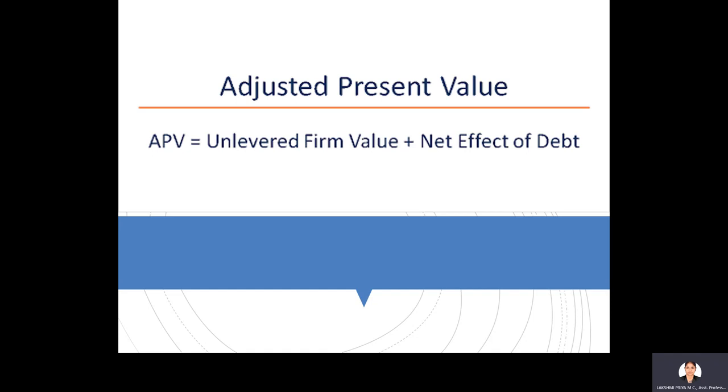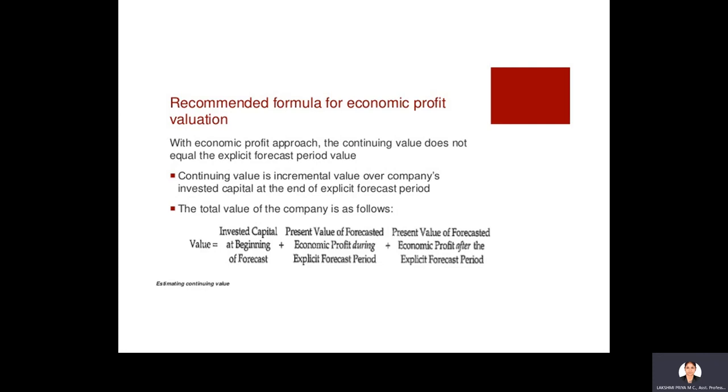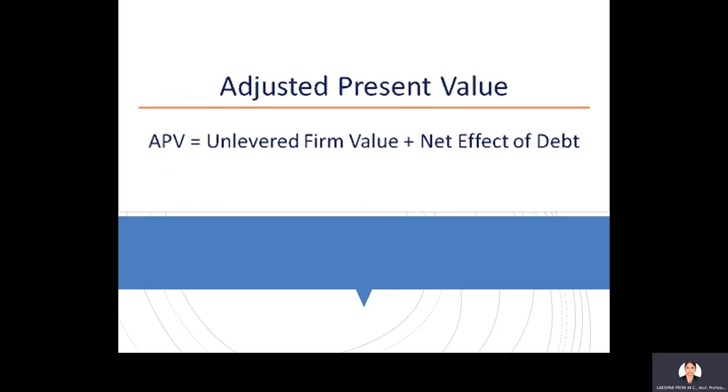The procedure typically followed is estimating the enterprise value using the WACC approach, as is done under the enterprise DCF approach, wherein the enterprise value or the firm value was estimated as the sum of the present value of the free cash flows during the planning period and the present value of the estimated terminal value at the end of the planning period.